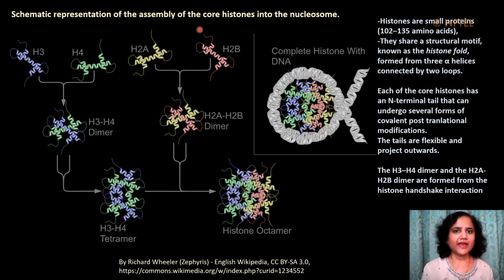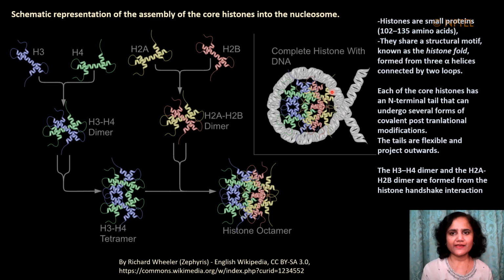The H3-H4 dimer and the H2A-H2B dimer are formed from the histone handshake, that is, these 2 molecules which have this motif of the histone fold. They come together in this configuration which is referred to as a histone handshake interaction, and then they all come together and form this histone octamer.